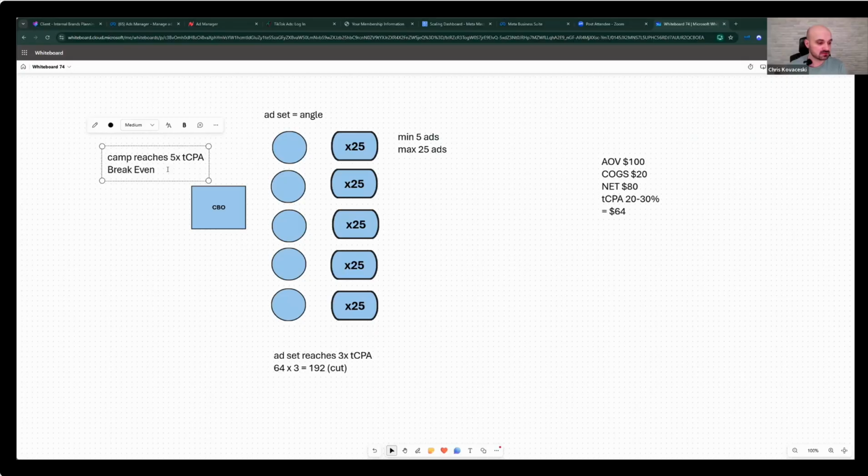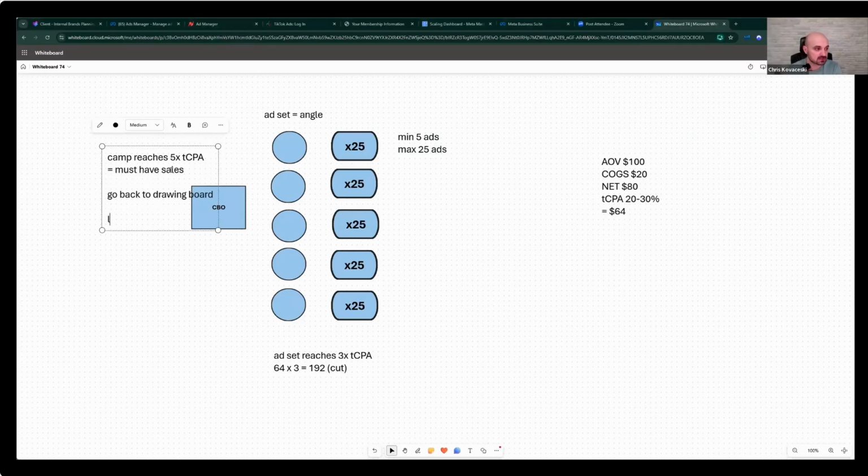So 320 spent. So that's enough, like at a campaign level. Sorry, not break even. We're looking for sales at this point, right? We're looking for sales at this point. If we don't have sales and we spent $320, something's broken. So go back to the drawing board.